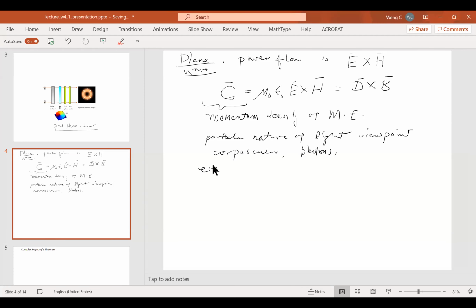Each photon carries a packet of energy, which is h bar omega, okay? And it has also been discovered later that the momentum of each photon is given by h bar k. And this is actually h bar omega over c.